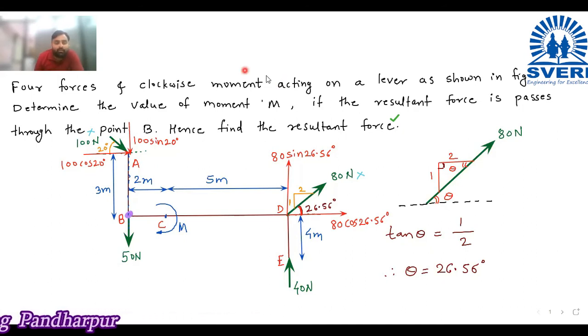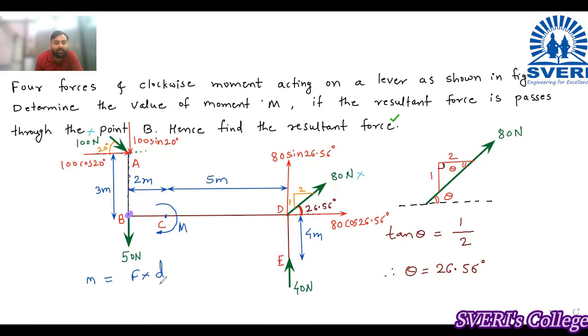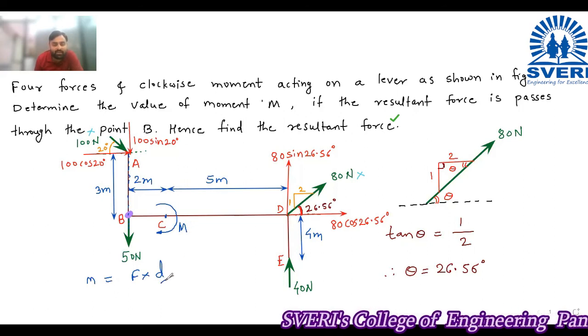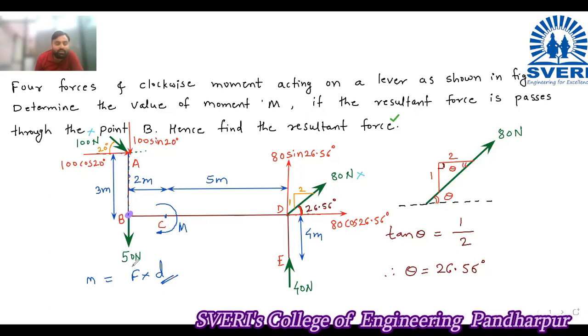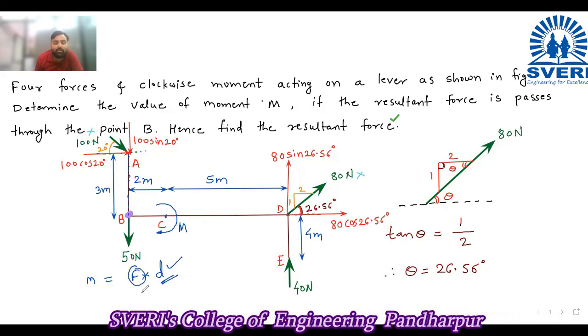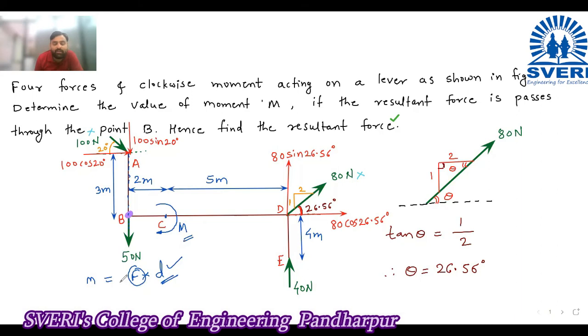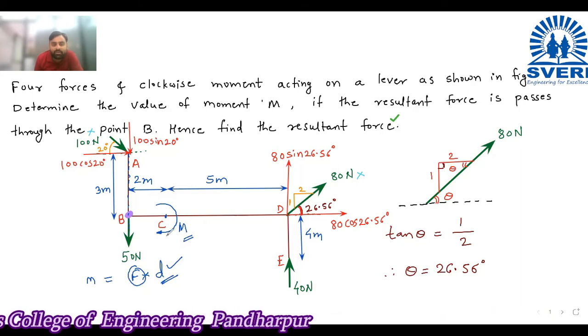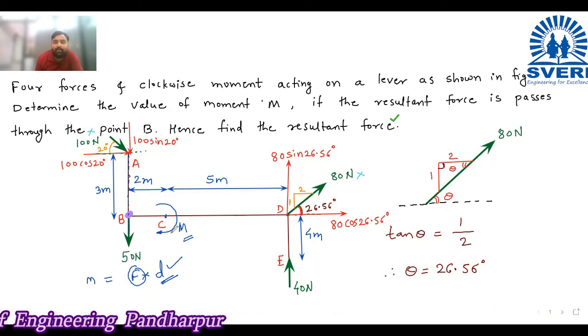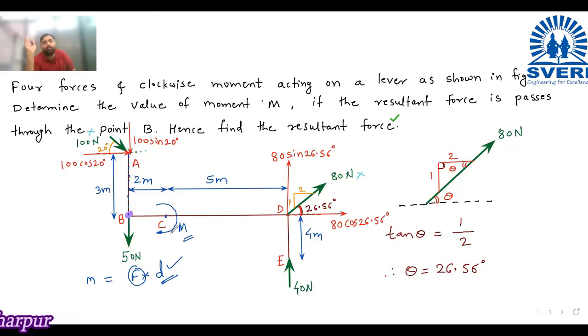See, moment is equal to force into perpendicular distance. But this is not a force. Why do you multiply it by distance? You multiply by distance if a force is given. Is this a force given to you? This is not a force. A moment is directly given to you, meaning the value obtained by force into distance is directly given.